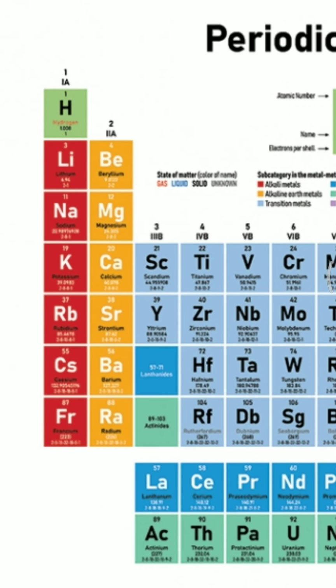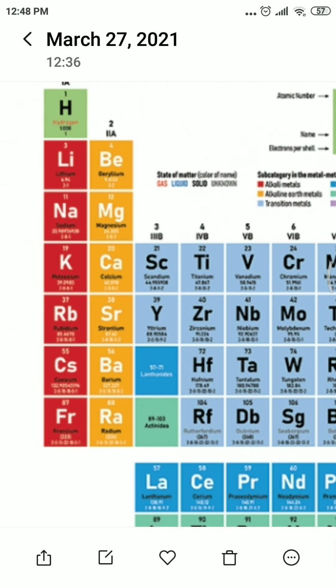It has what you call the vertical columns, which are called groups, and the horizontal rows are called periods.